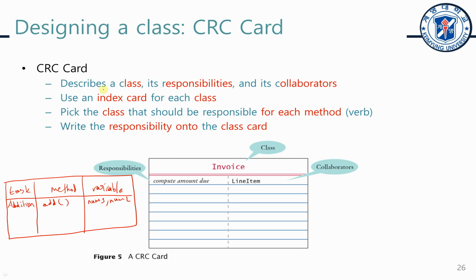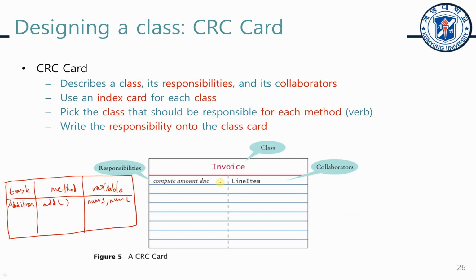So the CRC describes the class, responsibilities, and its collaborators, and it uses an index card for each class. You can pick the class that should be responsible for each method and write the responsibility onto the class card.